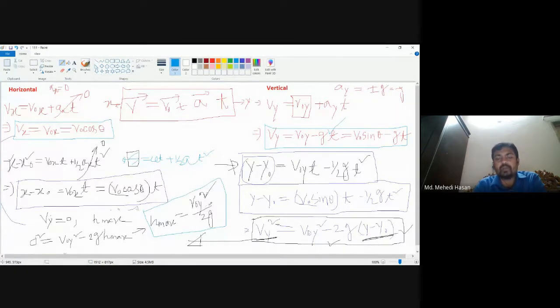This is given in component form. In magnitude form, it will be h max equal to V naught sin theta square divided by 2g. So these are the main equations in case of projectile motion.